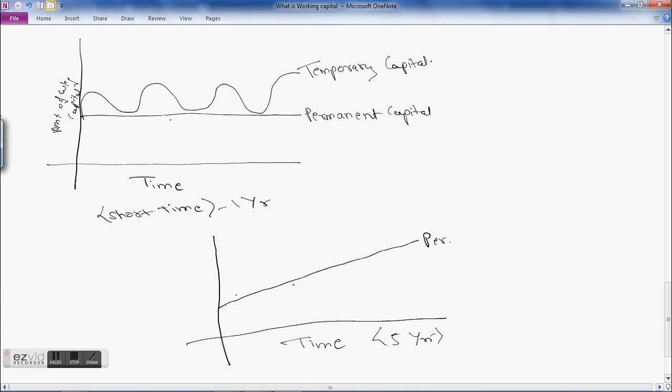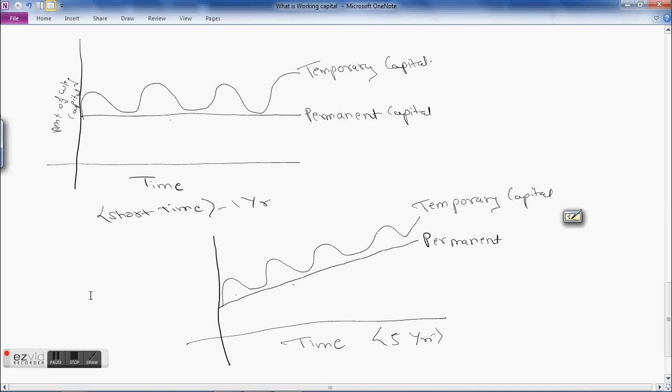This may be on account of inflation or increase in capacity. And your temporary capital will be fluctuating. So this is how your graph will look.